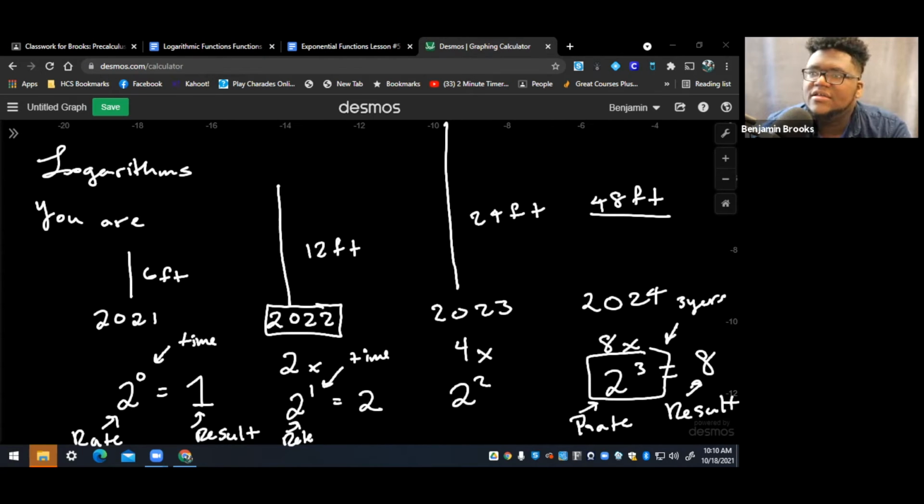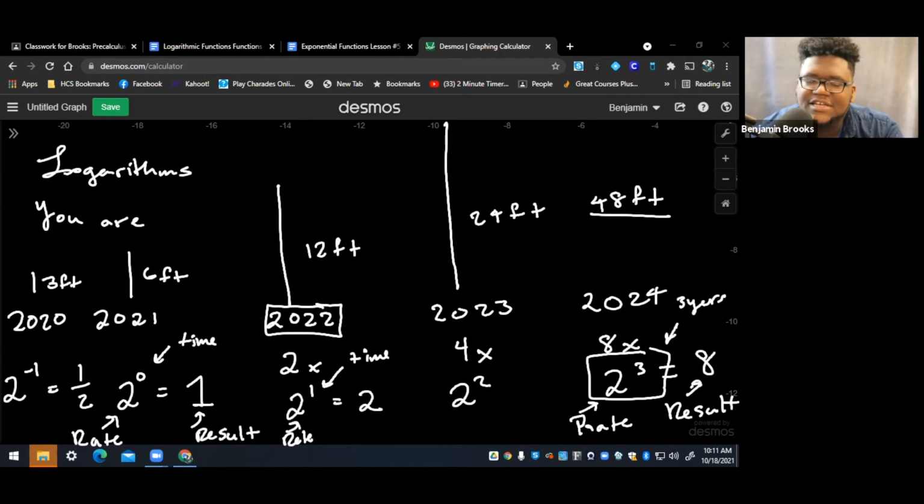Okay, here's a question. How tall was I in 2020? 3 feet. Why? If I'm doubling each year, then the year previous I'd have to be half of what I am now. So how could I represent this half in exponential form? 2 to the negative 1 is 1/2.